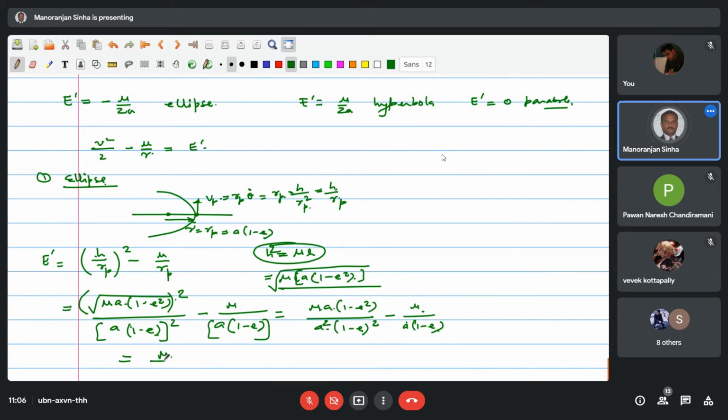So this gets reduced to mu by a, 1 plus e divided by 1 minus e, minus mu divided by a times 1 by 1 minus e.